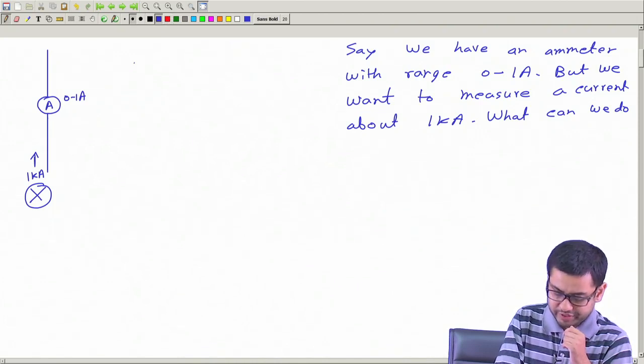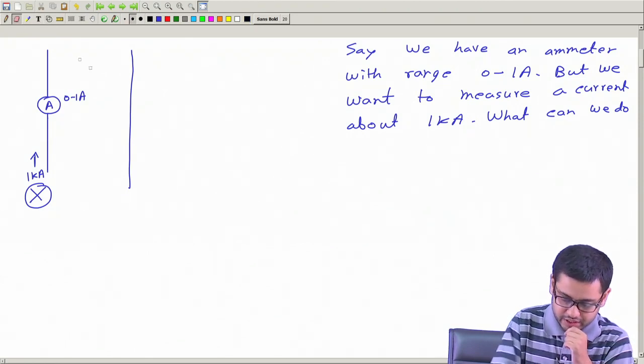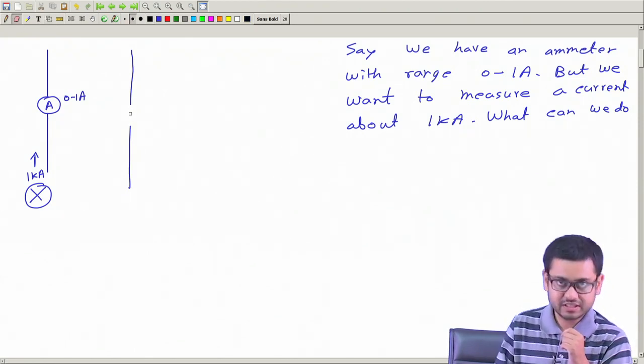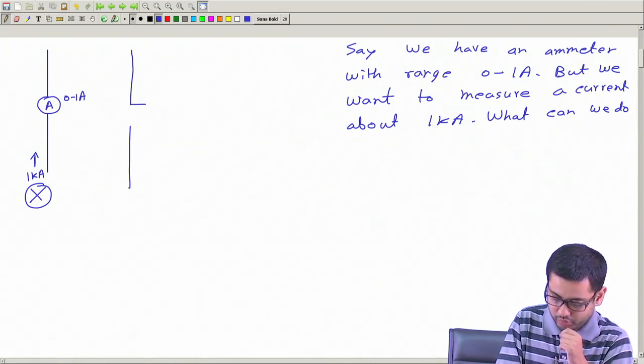Now what can we do? What we can do is this: if this is the transmission line, we will open it and connect a transformer here.